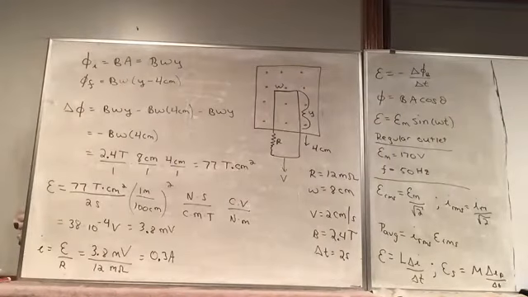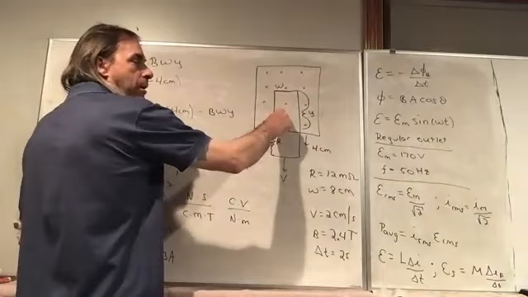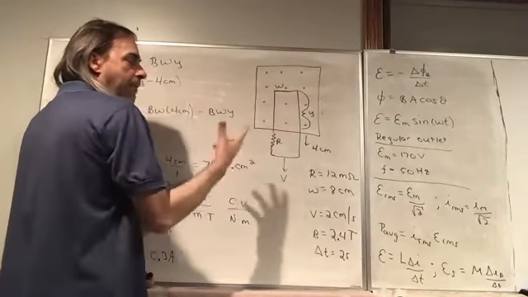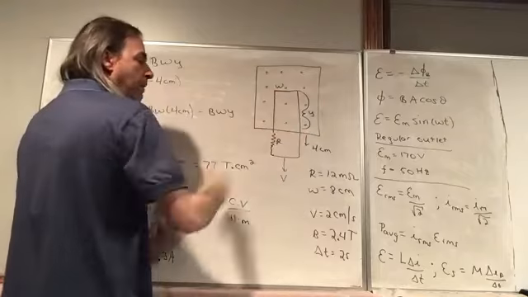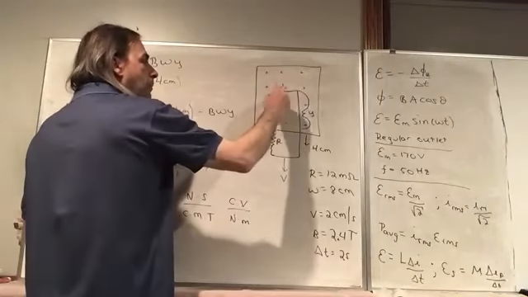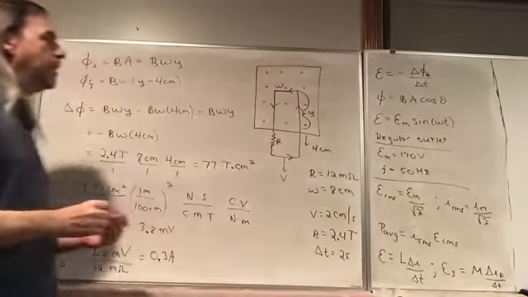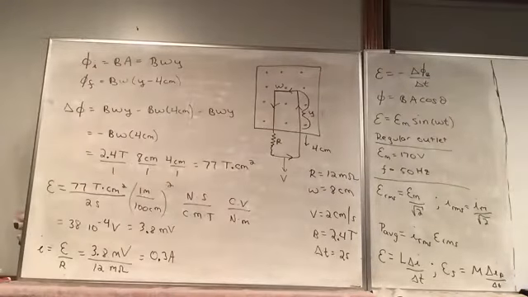So the change in flux is into the board. And so the EMF, the induced current, will be out of the board. So that'll be a counterclockwise current. That's what would be induced in this loop. Okay, so any questions on that problem?